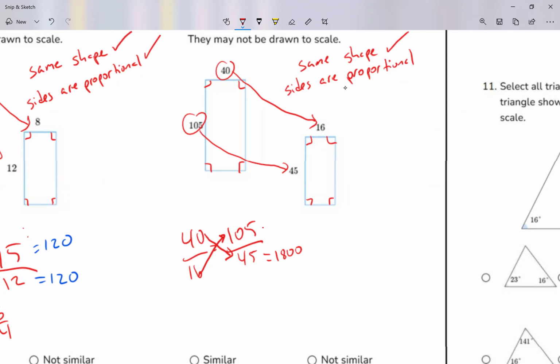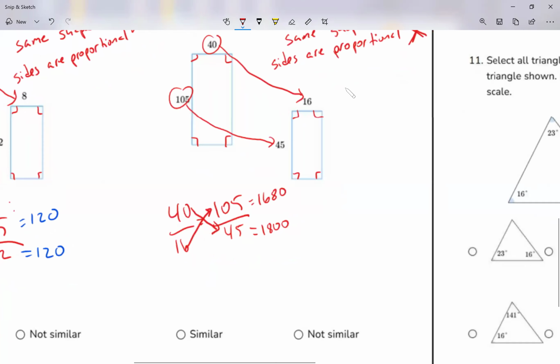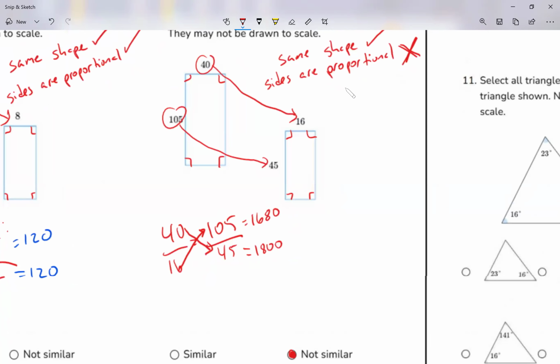Wait a minute, different numbers, right? 40 times 45 is not 16 times 105. So the sides are not proportional. You fail that criteria. So this has to be not similar, because they have to have the same shape and the sides have to be proportional. So no, not good.